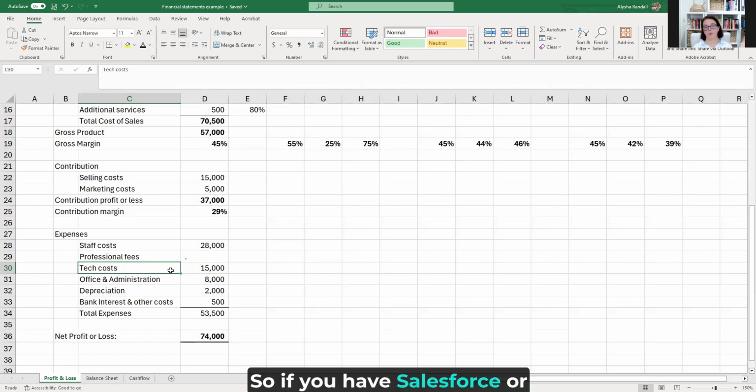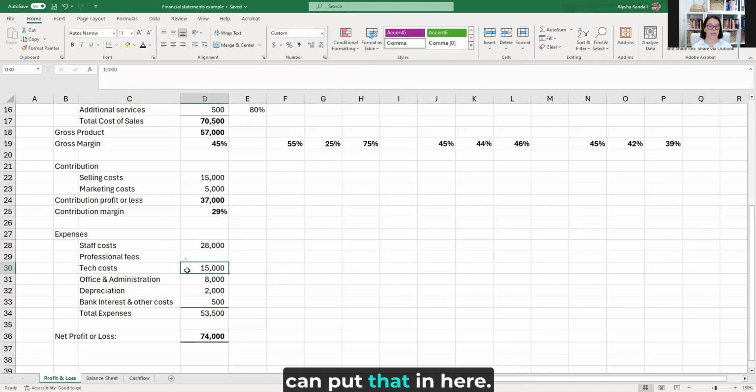So if you have Salesforce or Xero or HubSpot or Gusto, all those kind of things, you can put that in here. If you're a fintech or a tech SaaS or those kind of tech-based business, you may want to put in your tech team in here because you're demonstrating how much you are investing in R&D, in the platform, in the product, and you can manage that separately.